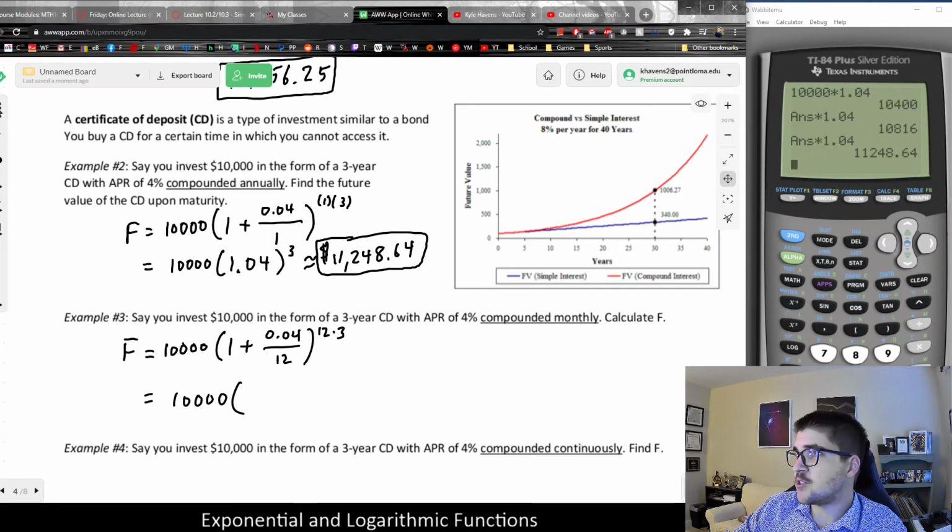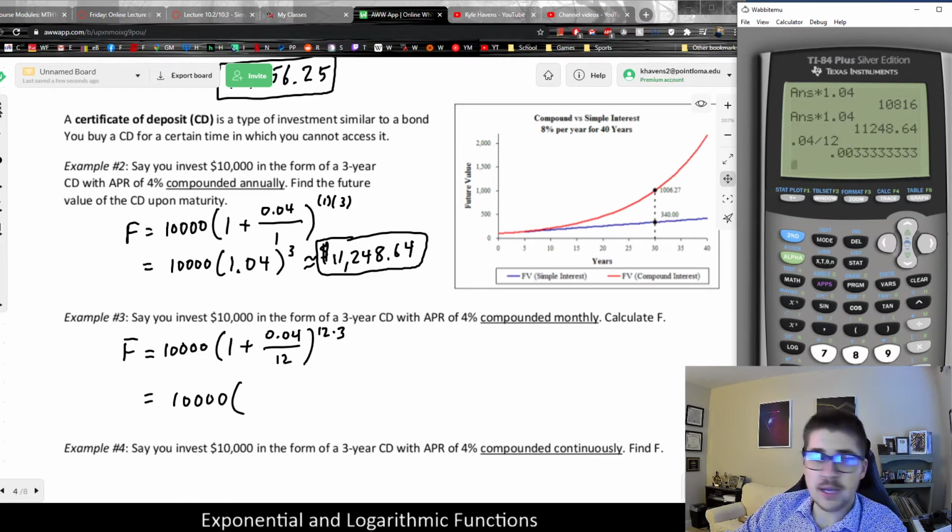It probably is better to just type this all out into the calculator, but let's just try to explore why this is happening and what's actually going on in there. But 0.04 divided by 12 would be 0.003 repeating, so I'd have 1.003 repeating as my base, and this would be to the 36th power.